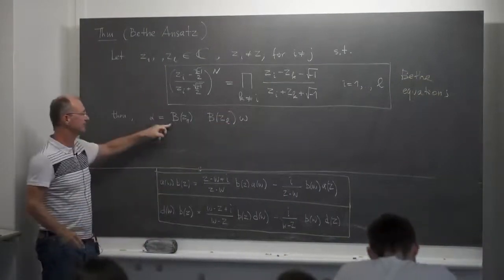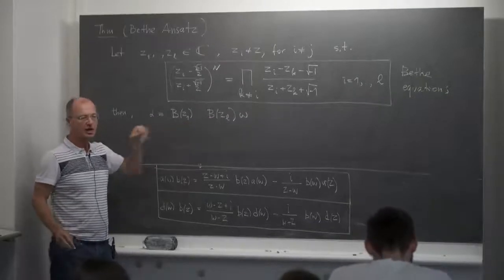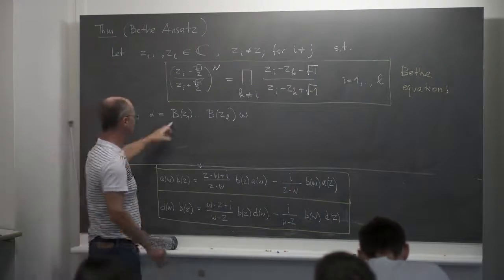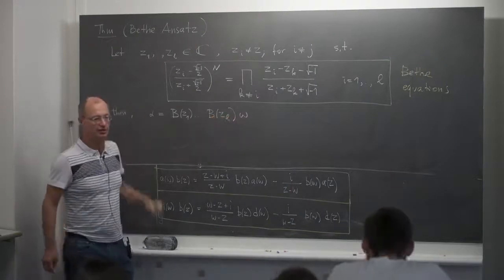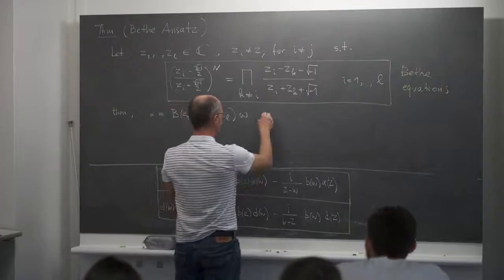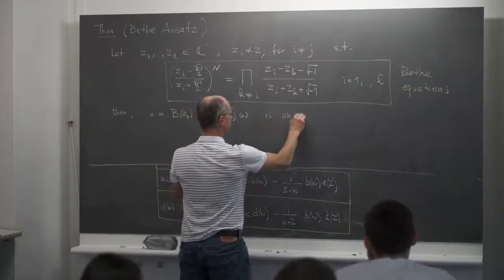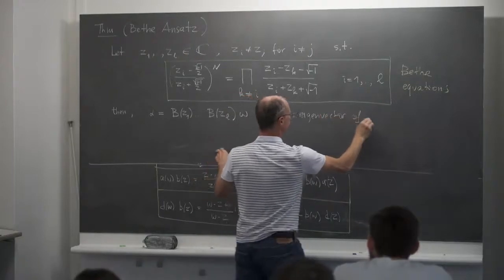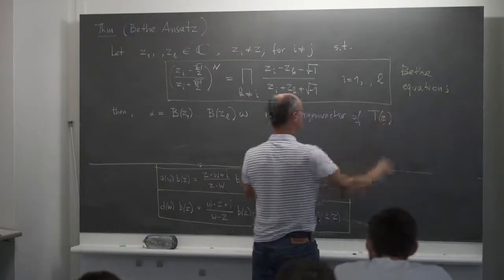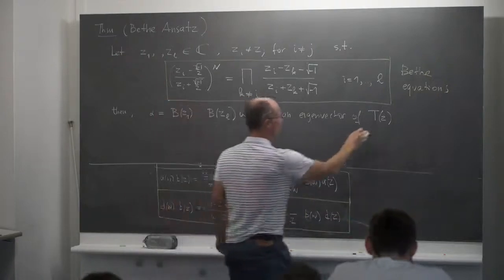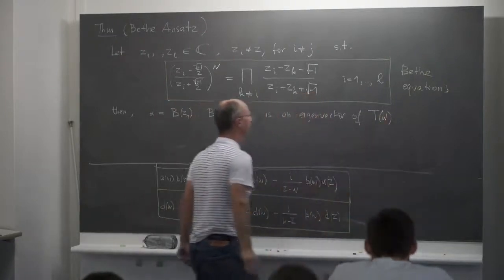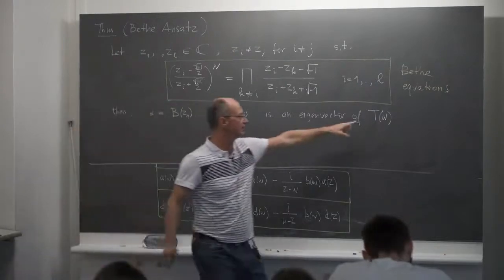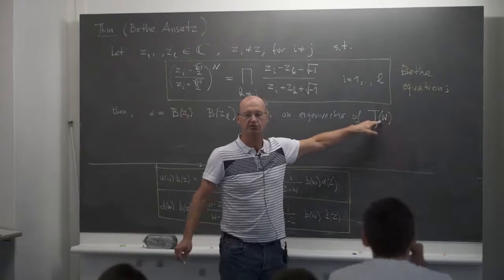So then the vector, we're now using them as arguments of the operators B, and act on the vector omega that we were discussing in the beginning of today's class. So let me better call it T of w. So then this is a common eigenvector of T of w for all w, right?